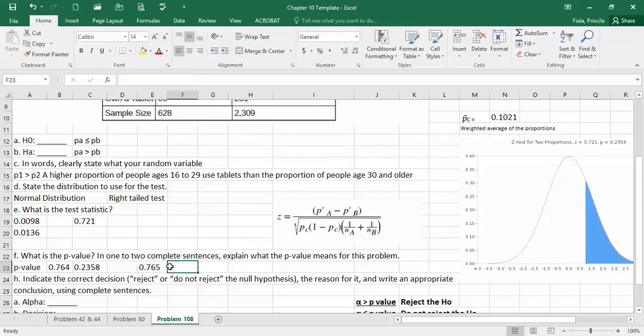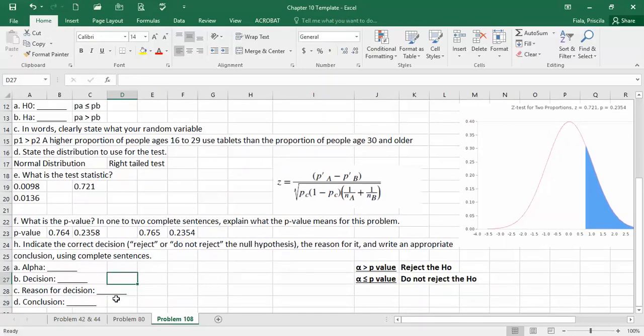So I still need to deduct because it calculated for me this side of the table. There we go, 0.235, 0.2354. That's how that value got there. But if you don't want to do the formula, that's fine. If you're not comfortable with it, then just go and look at the Z table.